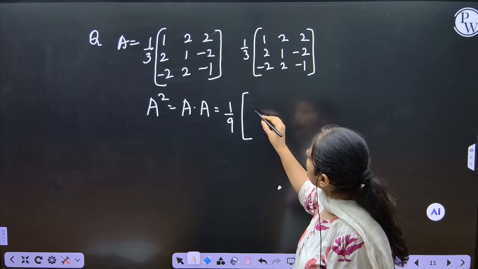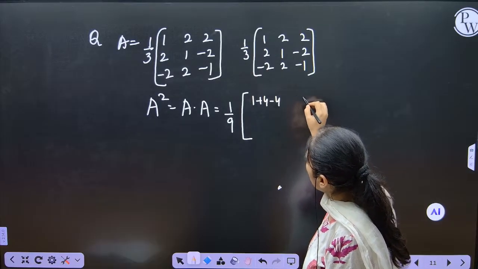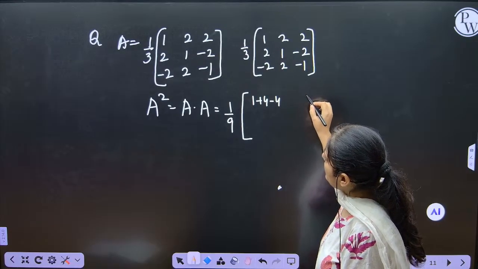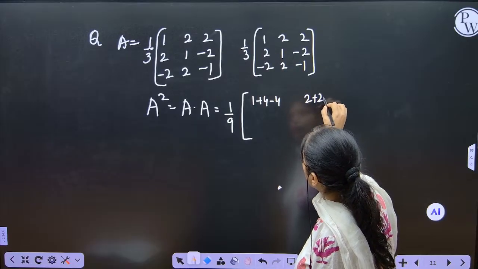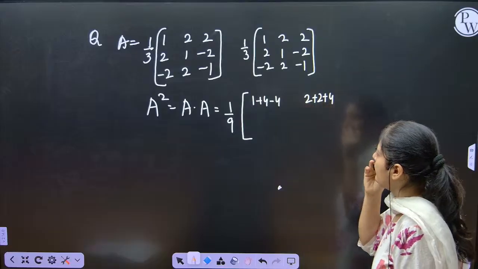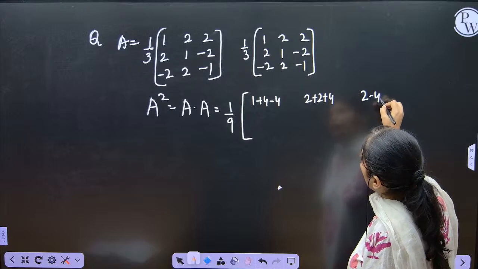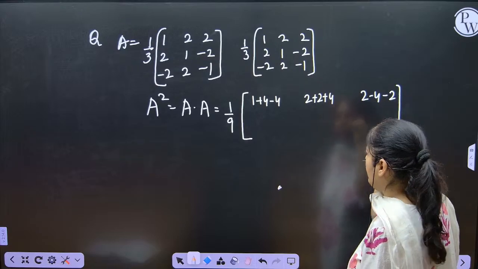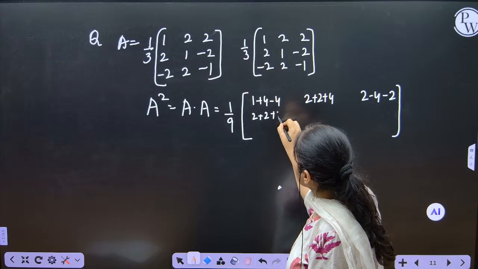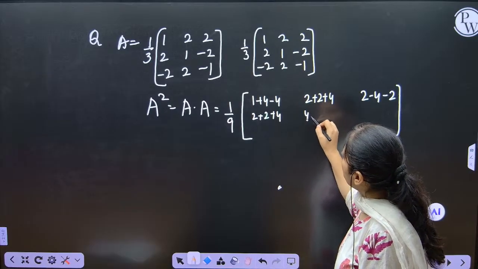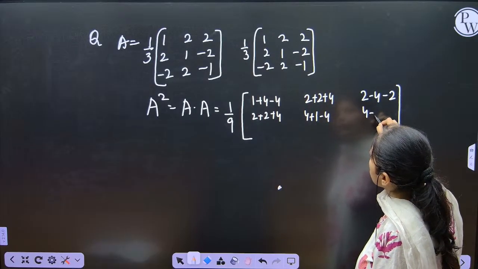So multiply 1 into 1, 1; 2 twos are 4, 2 into -2 is -4. Then 2 plus 2 plus 4. Next it comes out to be 2 minus 4 minus 2. Then 2 plus 2 plus 4, 4 plus 1 minus 4, 4 minus 2 plus 2.